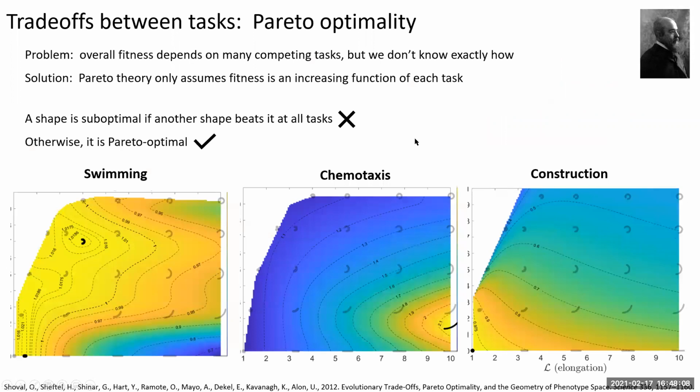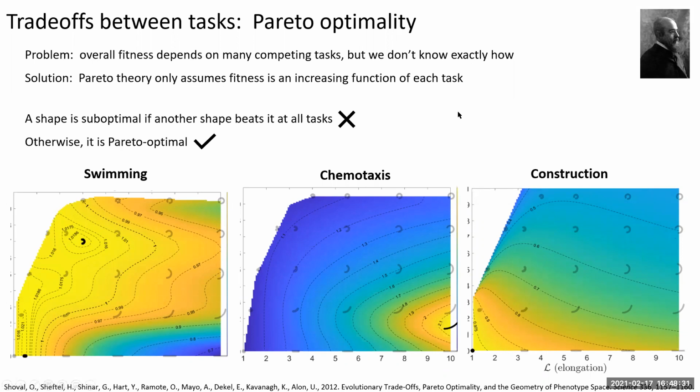So what I did is sort of a brute force strategy here at getting those Pareto optimality trade-offs. The overall problem here is that your overall ecological fitness is going to depend on all different things. It's not just going to be swimming efficiency or just chemotaxis, just construction. It's going to be some combination, of course.